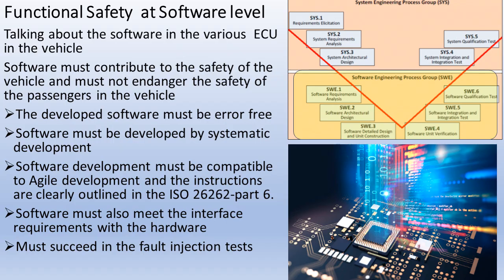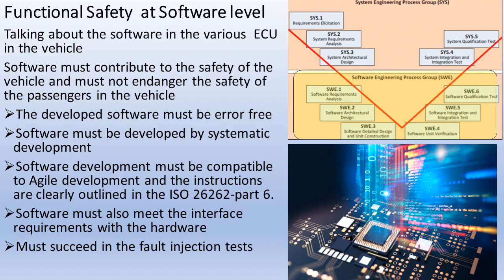Now, software must contribute to the safety of the vehicle and must not endanger the safety of the passengers in the vehicle. This means that the software must be error free. In one of the previous videos you saw on YouTube, the accelerator got stuck without actuating it, and that led to the fatality of 4 passengers.